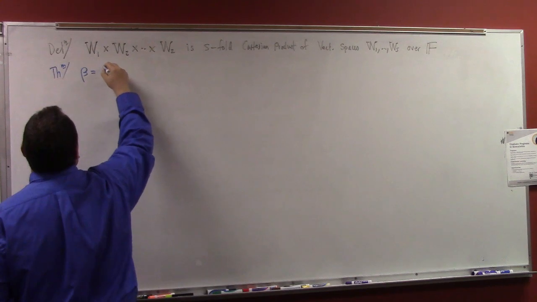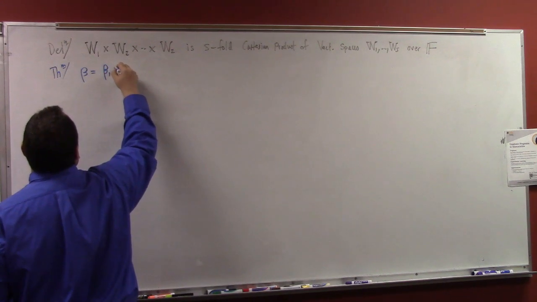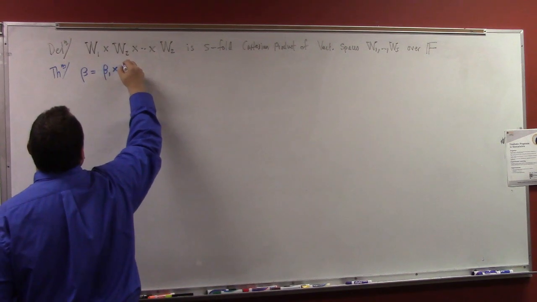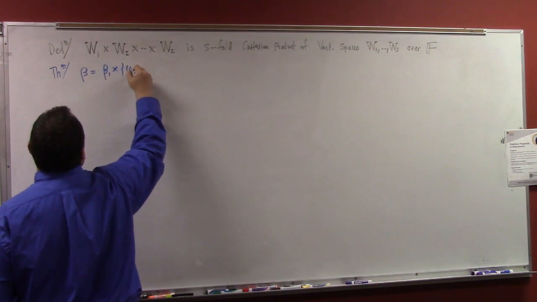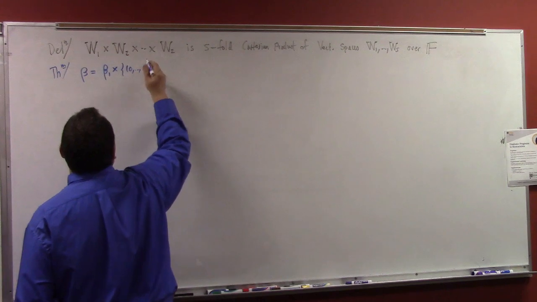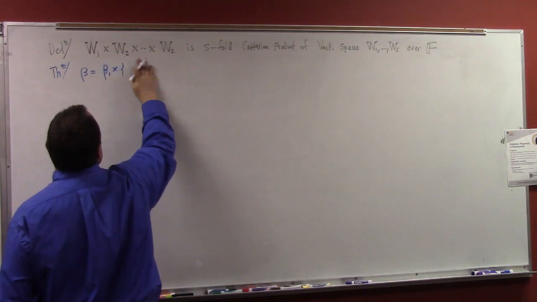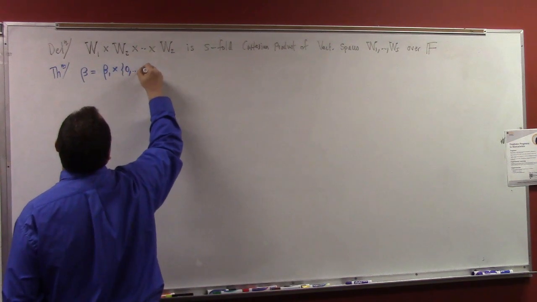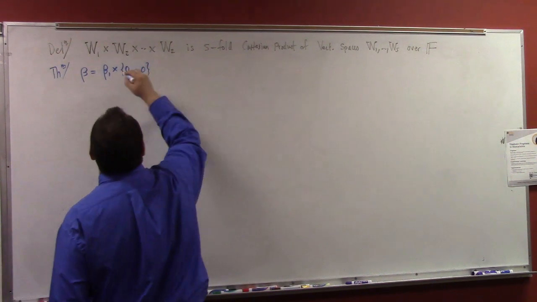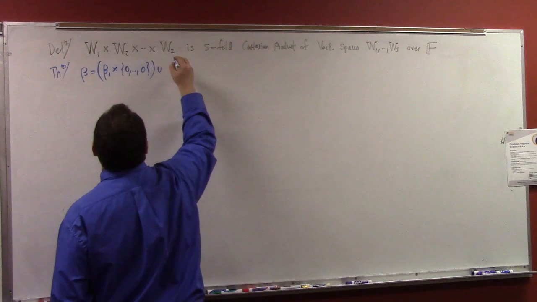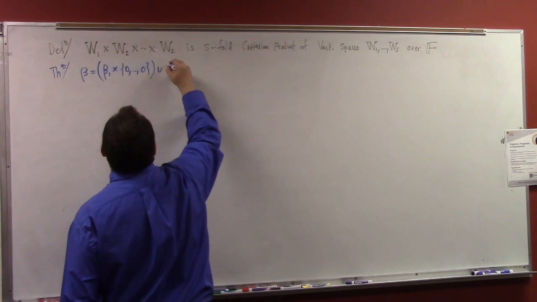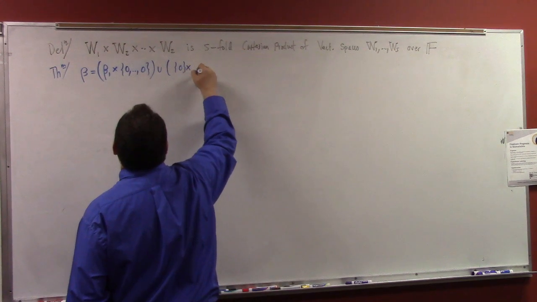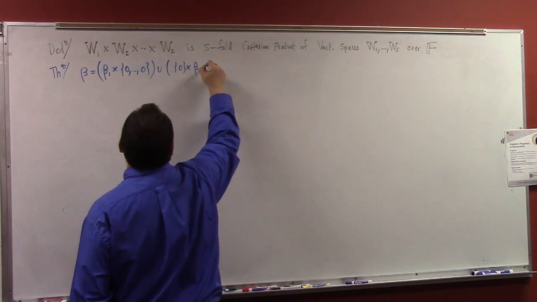So if I take the basis for W1, the Cartesian product with 0, well, let me just write 0 if that's okay, that unioned with 0 Cartesian product with beta 2.